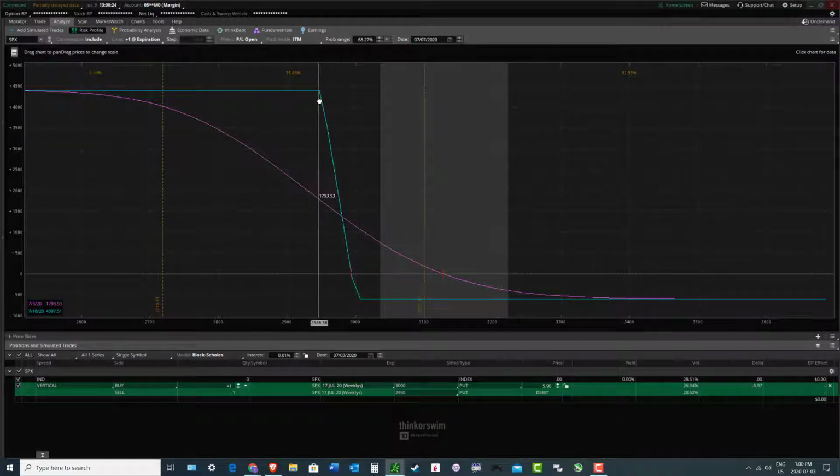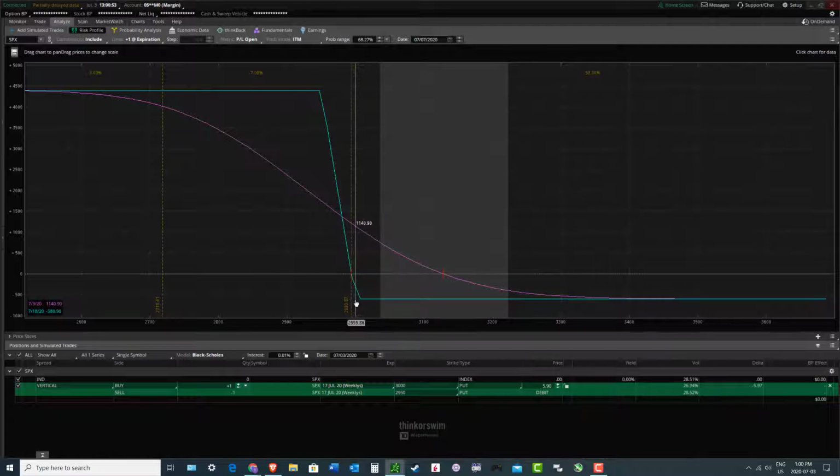And basically, the max reward will be realized if, at the end of the trading day on July 17th, so the Friday, SPX is at or below 2950, you'll see that max reward potential. Break even for the trade, if SPX is basically sitting at 2933, you'll see no harm done, basically a break-even trade.